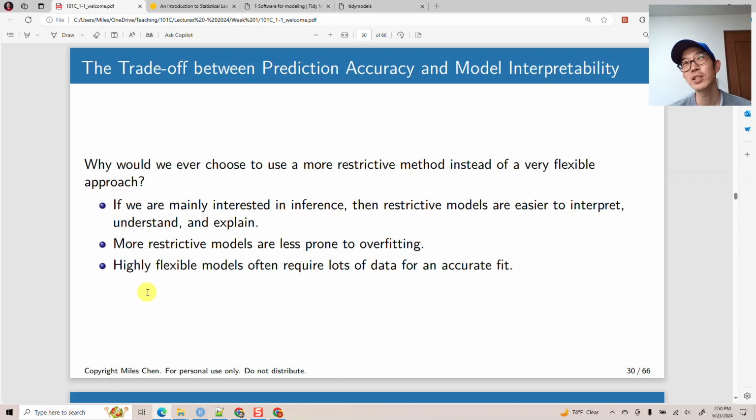If you're interested in inference, then a very simple explanation like one human year is 7 dog years is a lot easier. Otherwise, trying to predict your dog's age, you have to consider that the first couple years it ages differently. And also, the size of the dog plays a different role. Older, heavier dogs age a little bit faster. Smaller dogs don't age as quickly.